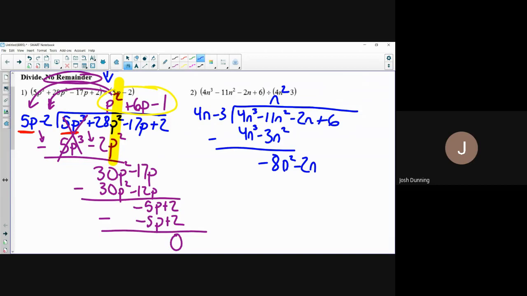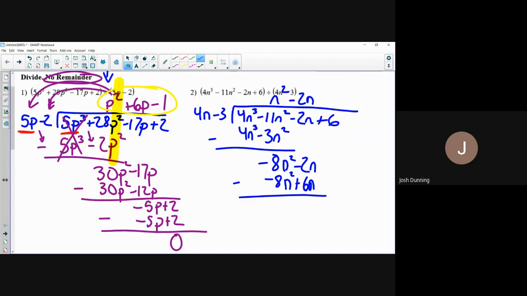Now I have to make 4n match negative 8n squared. So I'll multiply that by minus 2n. Don't forget to distribute. So negative 2 times negative 3, positive 6. Put that in. And again, just be careful. You're subtracting that whole bottom binomial. So it's negative 2 minus positive 6. So that's just negative 2 minus 6 more.